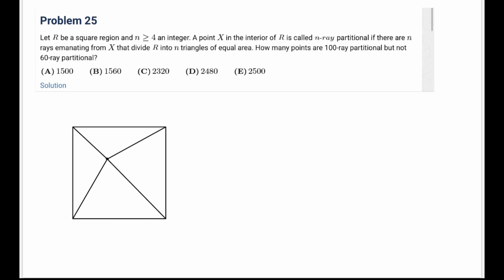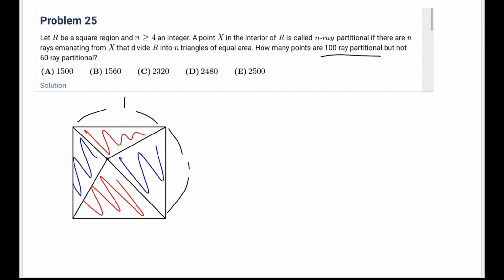Let's say that this is a unit square. Then this side would be 1, this would be 1, and this would also be 1. If this is 100 ray partitional, then we know that the red area is equal to the blue area.